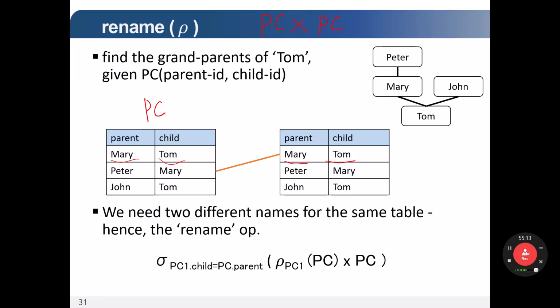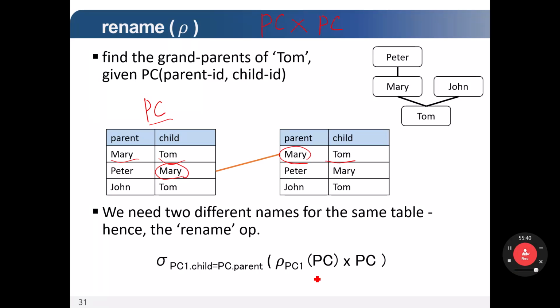Mary Tom, Peter Mary will be put in the second row, and so on. And your job is to find out tuples that have the same name in the child column of this left PC table and the parent column of the right PC table.